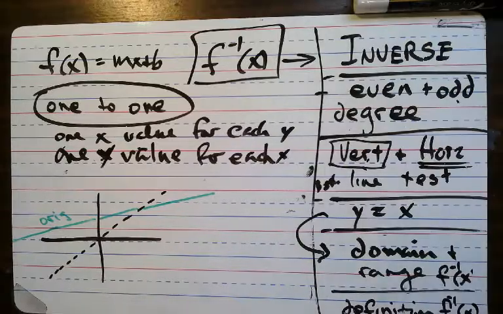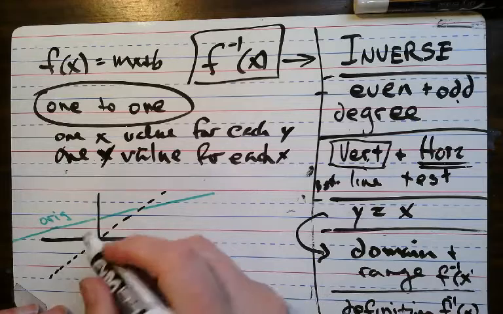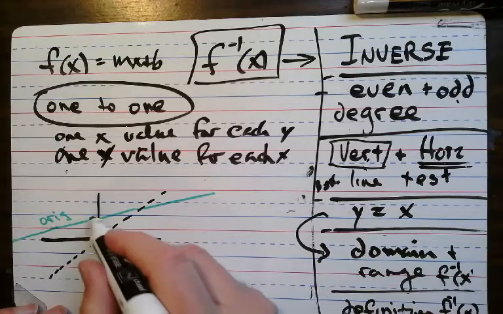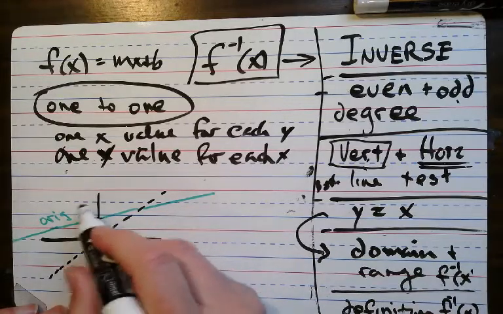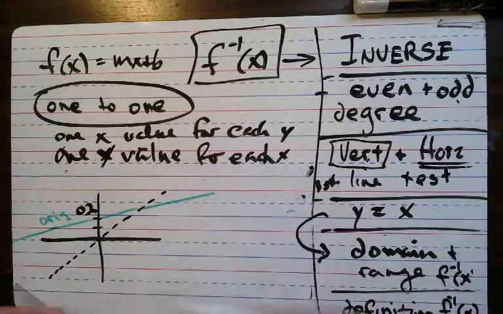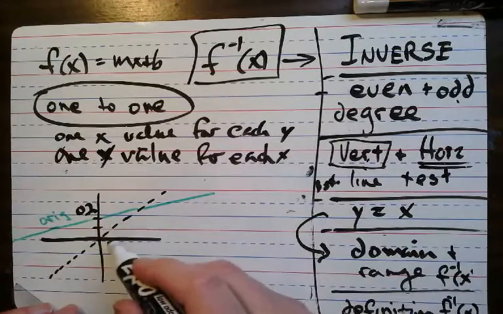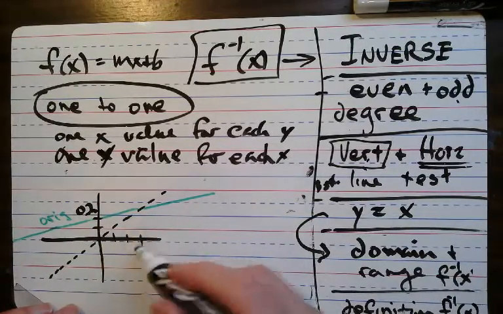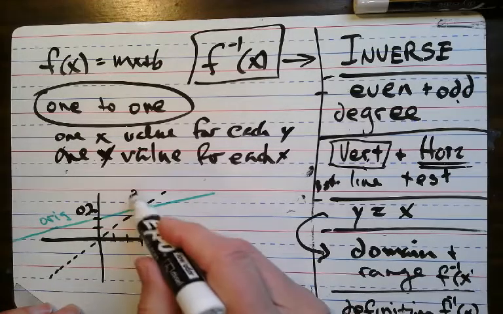If I know the values of these numbers, let's just say this is 0, 2. And this is 1, 2, 3. This is 3, 3.